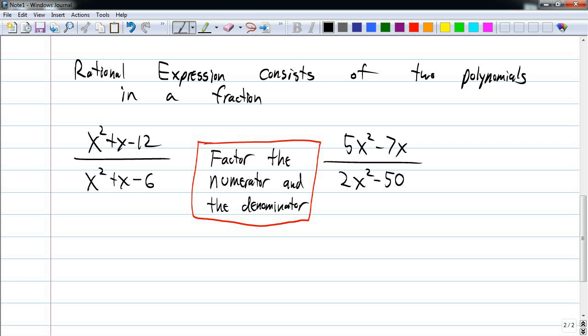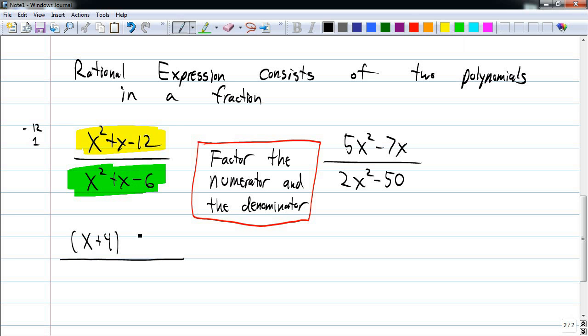So taking a look at this first rational expression, my first thought should be, x squared plus x minus 12. I need two factors of negative 12 that add up to positive 1. And that would be x plus 4 and x minus 3.